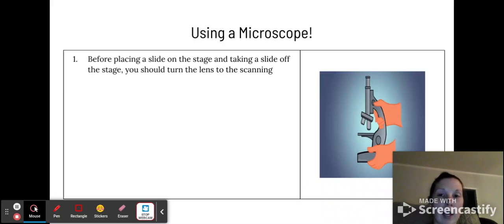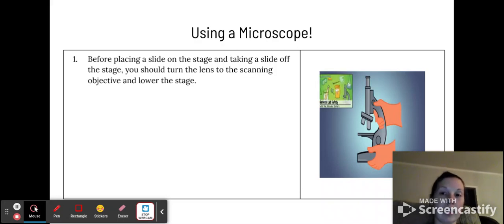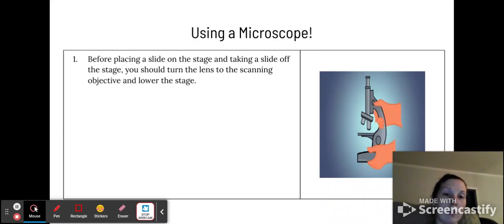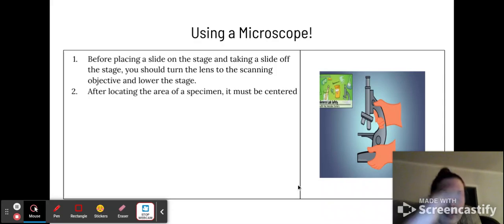After you've done that, you will place the slide on the stage, and when taking the slide off the stage, you need to make sure you return the lens to the scanning objective. So you want to get it to the lowest viewing and you want to get the stage lower. So you want to use the knob to lower the stage down.